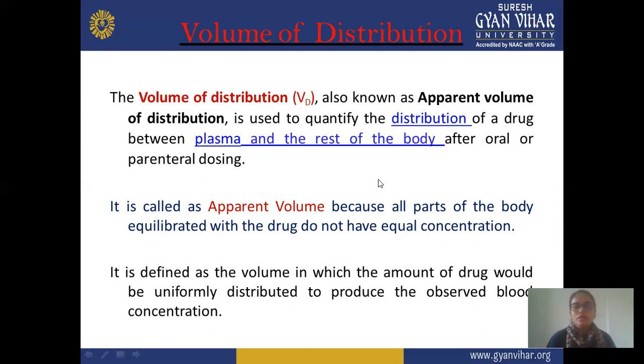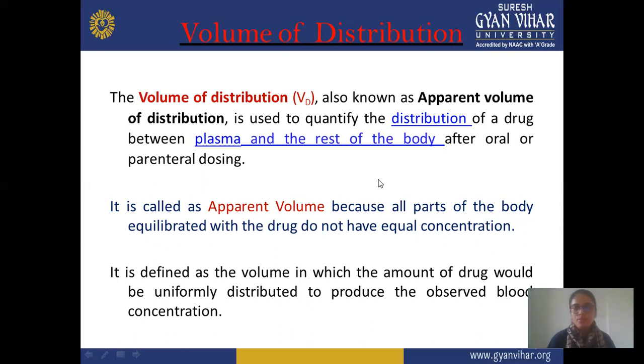After distribution, when the drug reaches the systemic circulation with the help of blood, it reaches various sites or tissues. After reaching various tissues, there may be chances that the drug is not uniform at all sites; it may be somewhere less or somewhere more, so it does not show equilibrium distribution throughout your body.